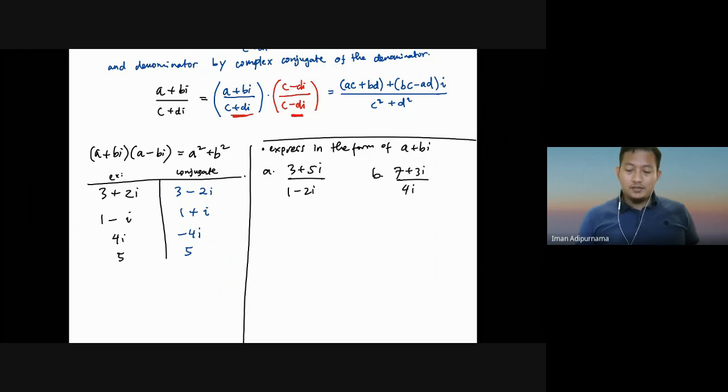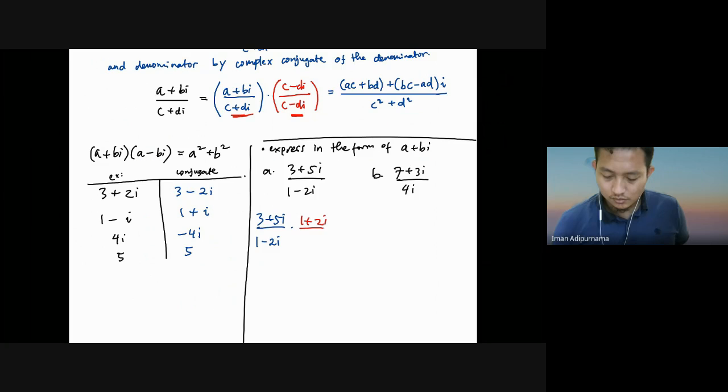We need to make the fraction here become a plus bi. So the first thing we need to do is multiply with the conjugate on the denominator. So 1 minus 2i multiplied by 1 plus 2i.